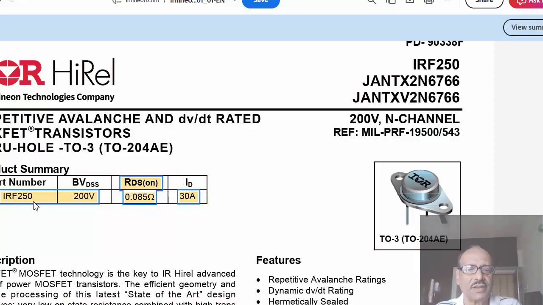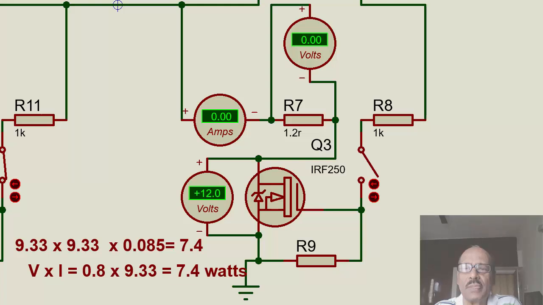Here is another popular MOSFET, the IRF250. Its voltage rating is 200 volts and its capacity is 30 amperes. It has an RDS of 0.085 ohms. When we look at this IRF250, the same thing: at open circuit the full voltage appears across this MOSFET.